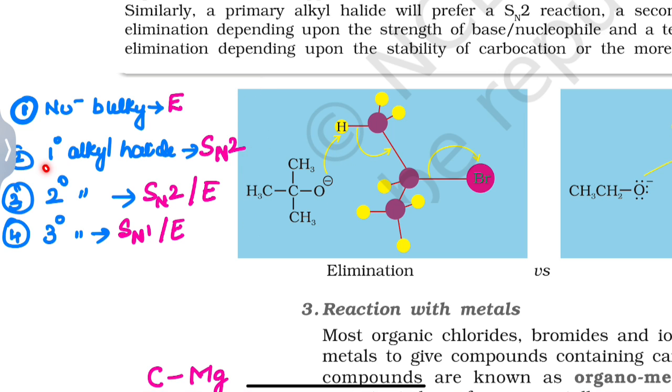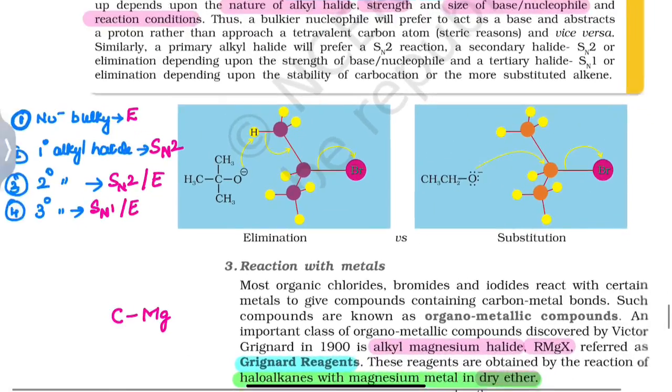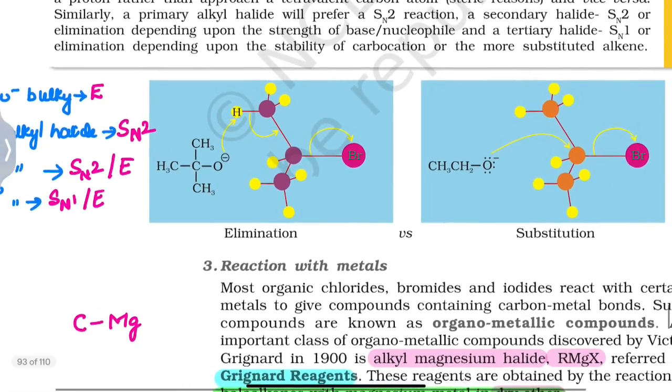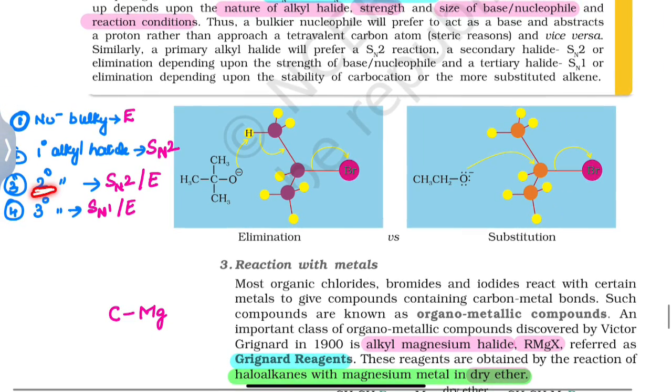And if it is a primary alkyl halide, then SN2 reaction will be preferred. So that we have already seen. And if it is secondary alkyl halide, it can be SN2 reaction or it can be elimination reaction. So it can be any one. It depends upon the type of base or the type of the nucleophile.